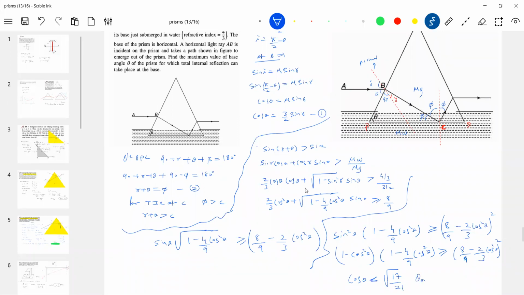Less than or equal to. So theta max will be cos inverse of... I have the answer, I didn't solve it. I'm writing it. You have to verify it.